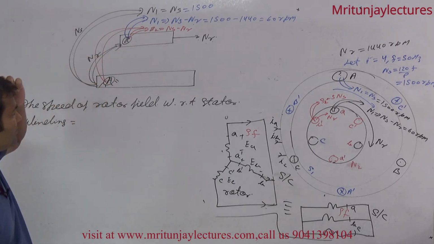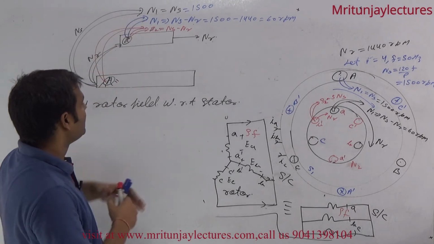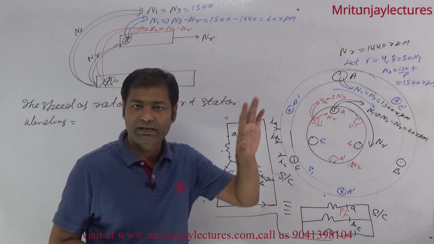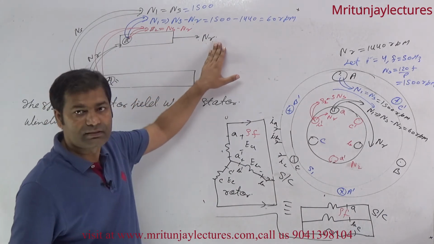You sit on the platform, a boy running on the train, which speed? NS minus NR, in the direction of NR.